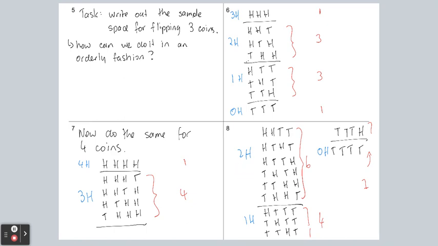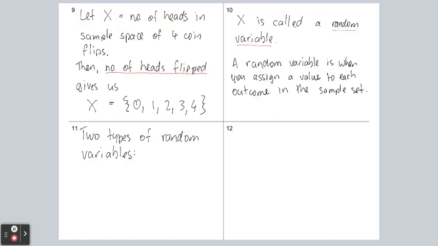I will denote 2 to say how many ways I can get 2 heads from 4 coins, and then 1 will be 1 head, and then 0 would mean no heads, all tails, in other words. Okay, so we've assigned a value. 0, 1, 2, 3, 4 are the values that we are assigning.